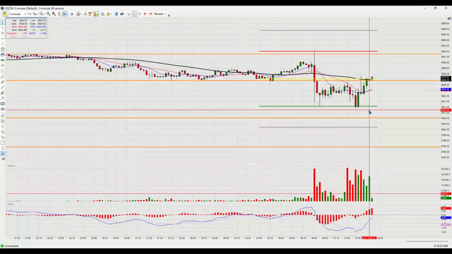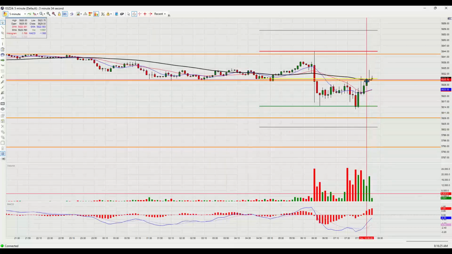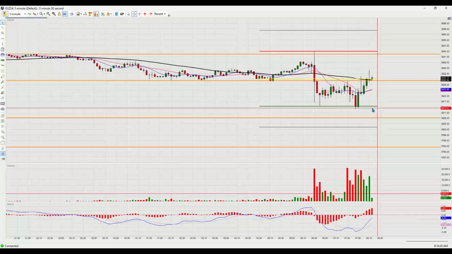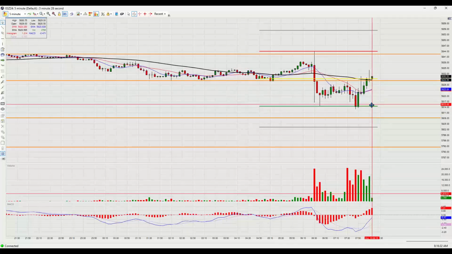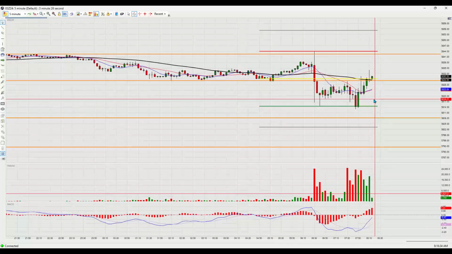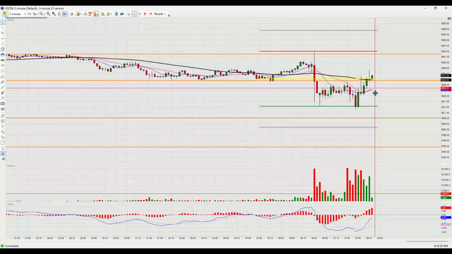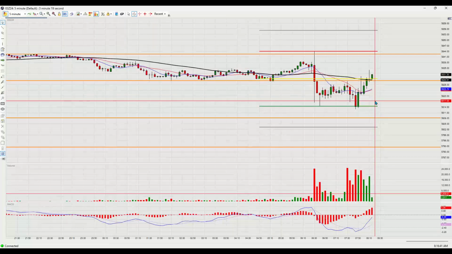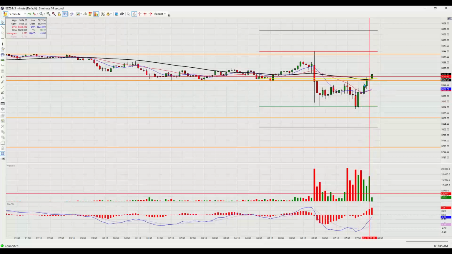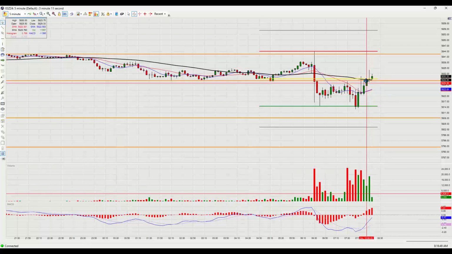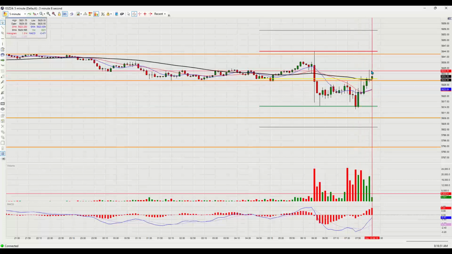Right? So I'm way more apt to sell up here in a T2 than I am to buy down here. Because if this test comes, which it does, buy it right now, right this very second, market's building in the buyers from all of this green.